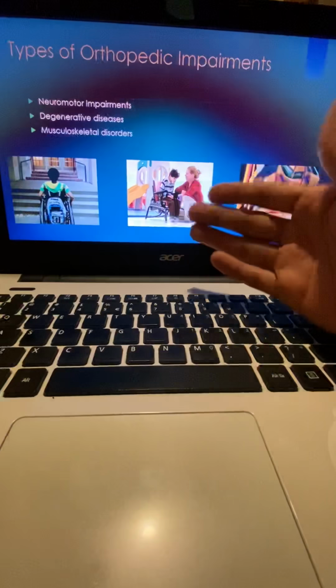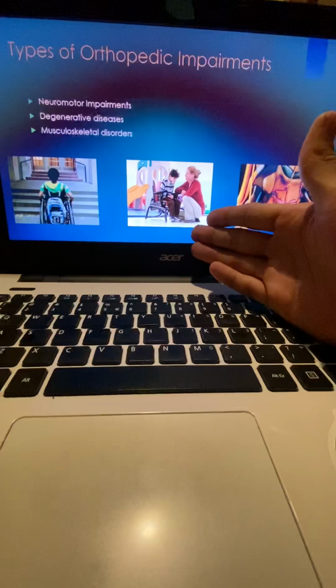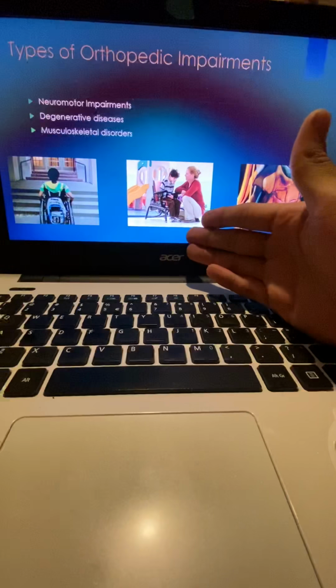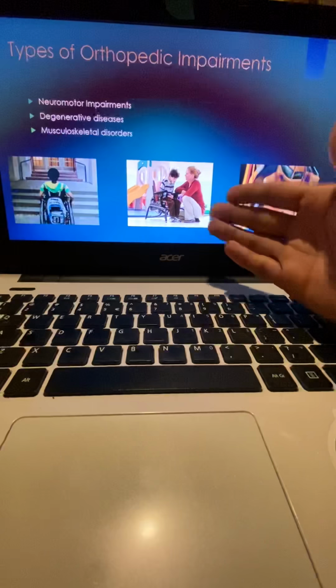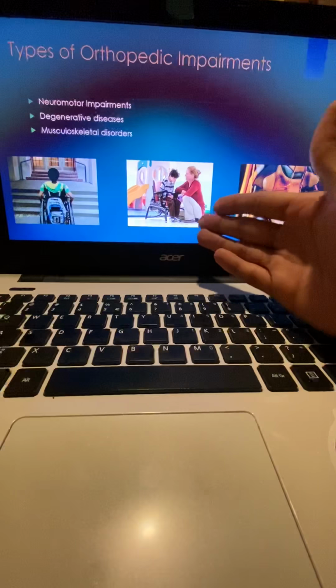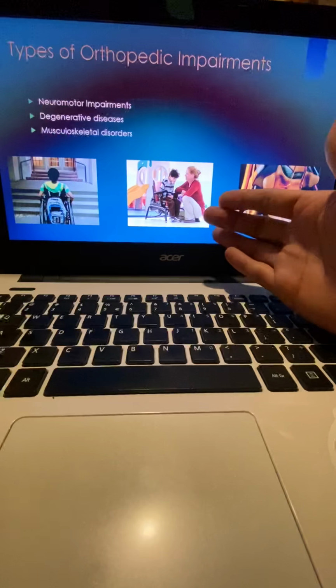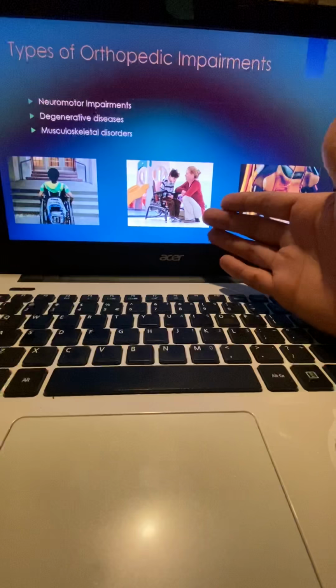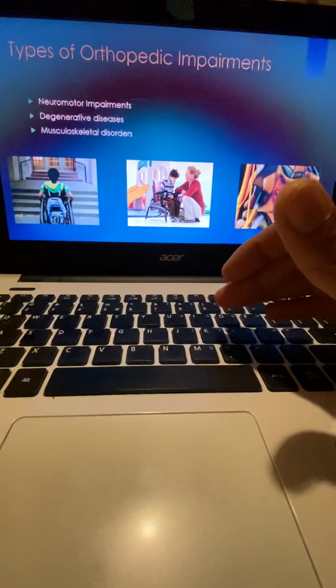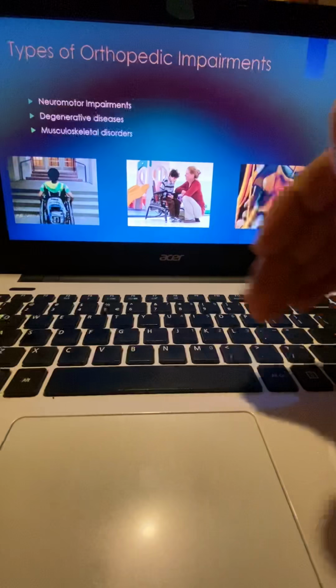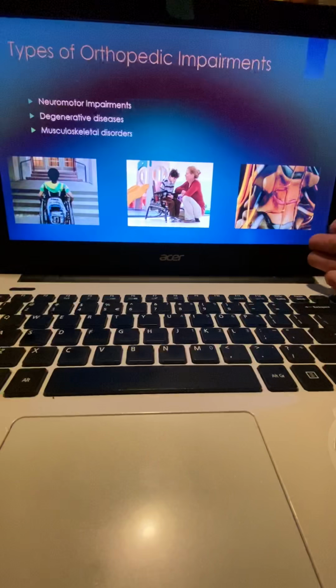On the second picture, we can see an individual that has a musculoskeletal disorder, and in this case, this individual requires the assistance of a healthcare provider, or in this picture, it can be a parent. It really wasn't explained who this individual was, but they need the necessary help to perhaps sit down, or in this case, stand up.